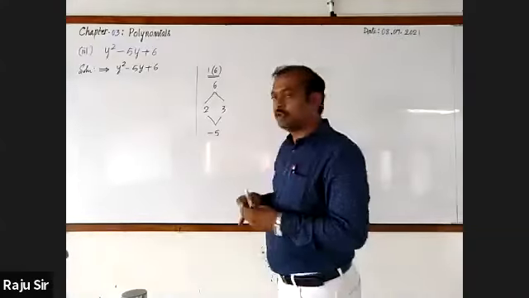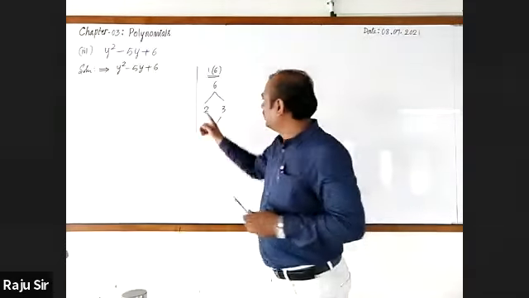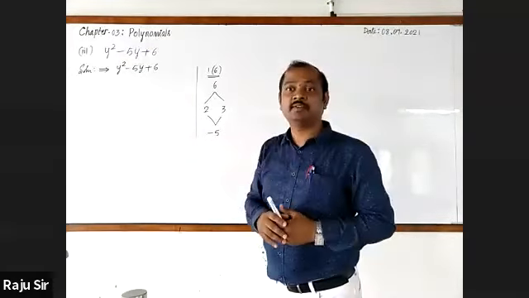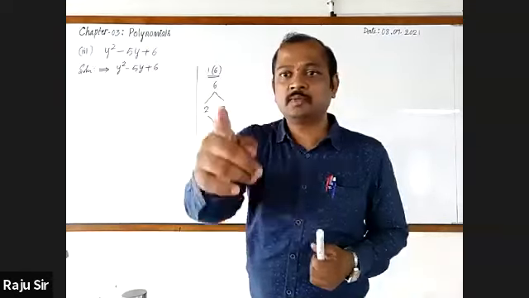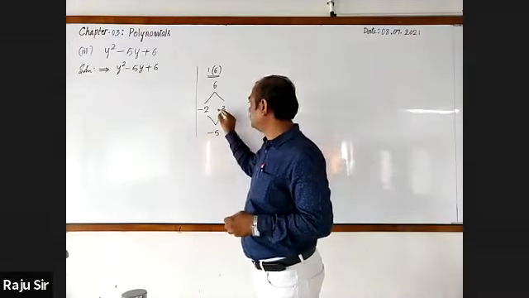Okay, if I take 2 and 3, just observe. 2 3s are 6, it is correct. And 2 plus 3 is 5, but not -5. So it should be -2 and -3. Lakshmi Shri, -2 and -3. Very good.